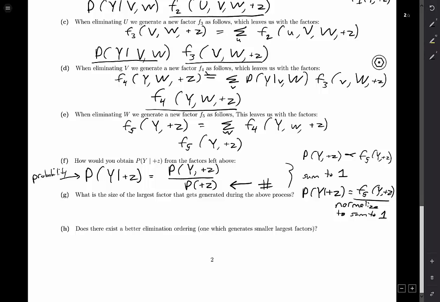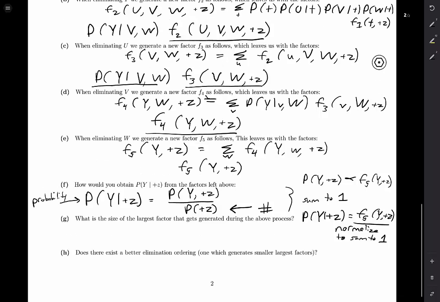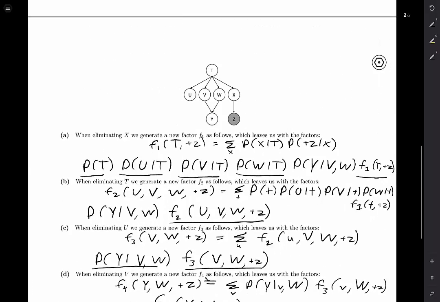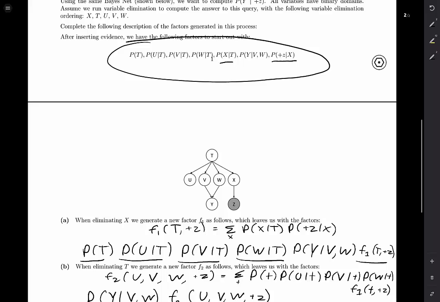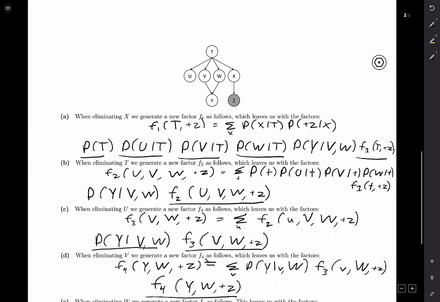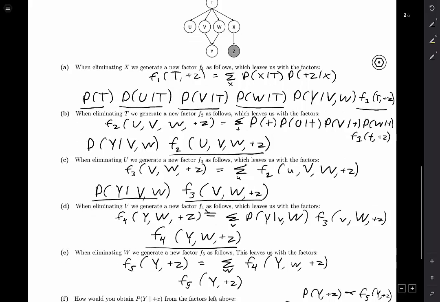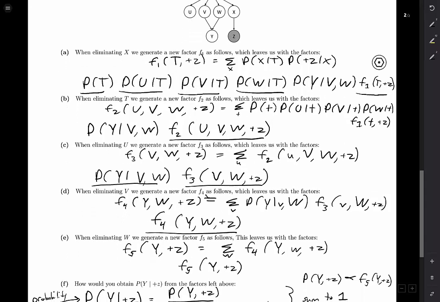Okay, so now for G, what is the size of the largest factor that gets generated during the process above? So let's look at all the factors during all the iterations of variable elimination and find the one with the most variables. If we start at the top, here we see we have a factor of size 3. And in part A, size 3 is the biggest. In part B, size 3 is still the biggest.